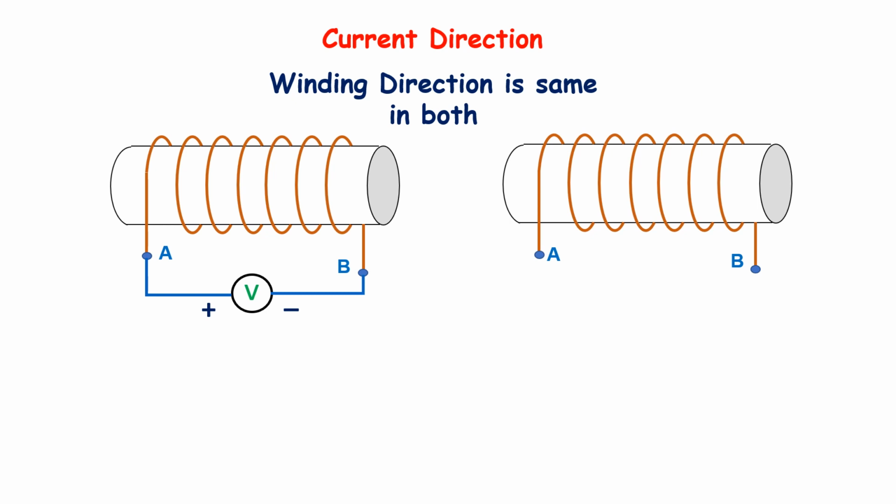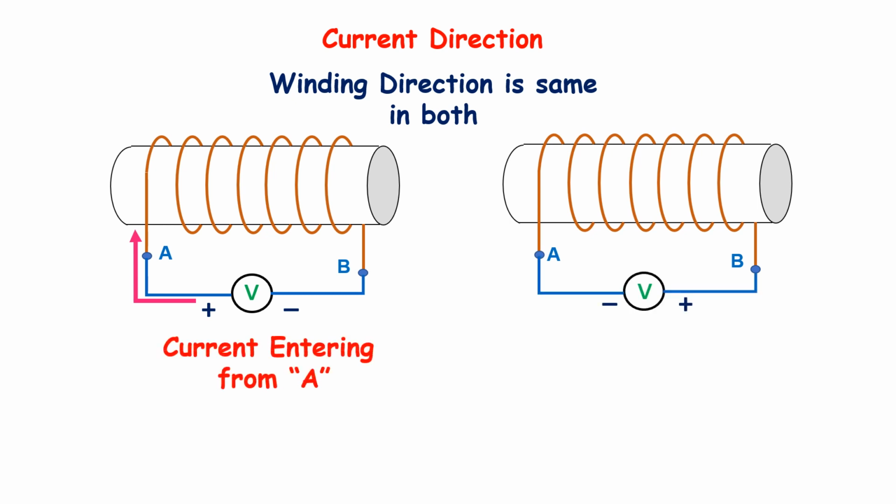The positive terminal of the supply is connected to the end A. Because of this, the current will flow into the coil through the end A. Now in the second figure, let us connect the supply.